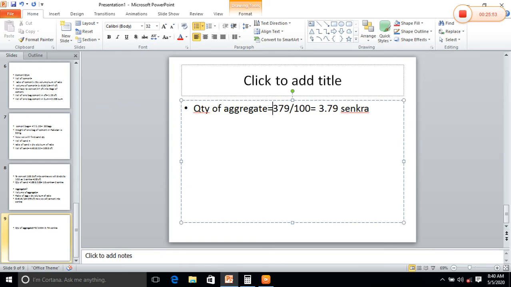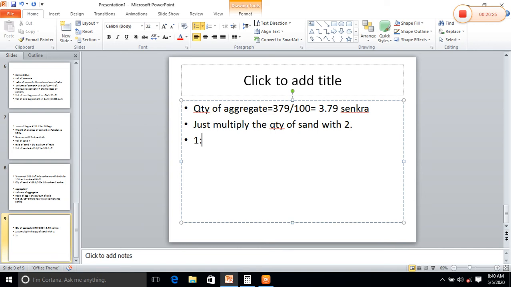Okay, there is also a simple formula for aggregate. Just multiply the quantity of sand with 2, as the ratio is 4:8.